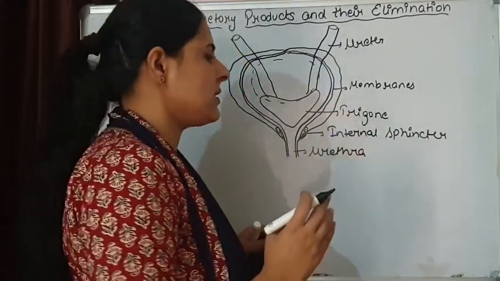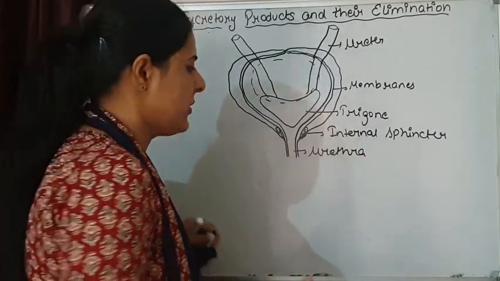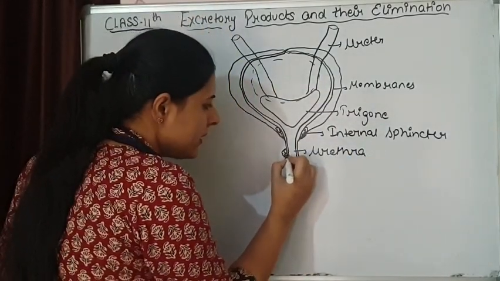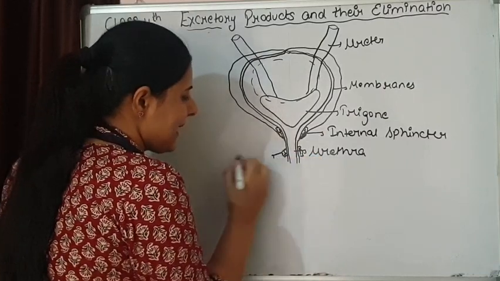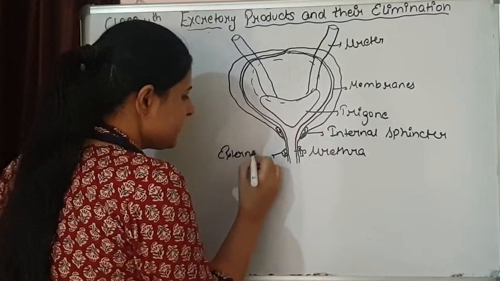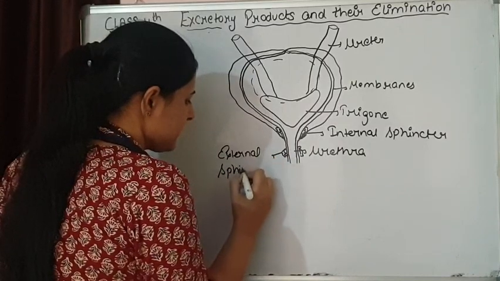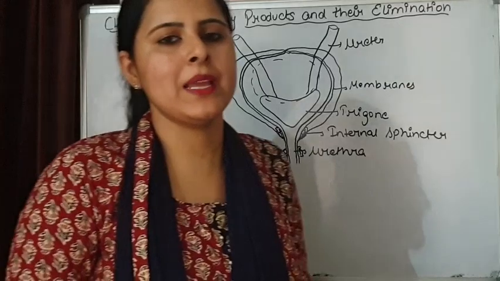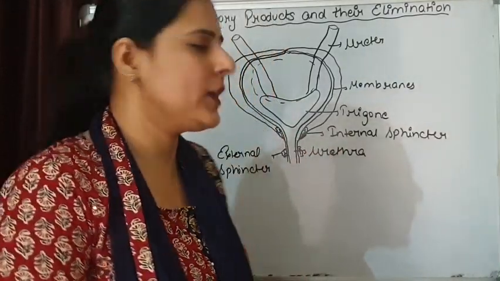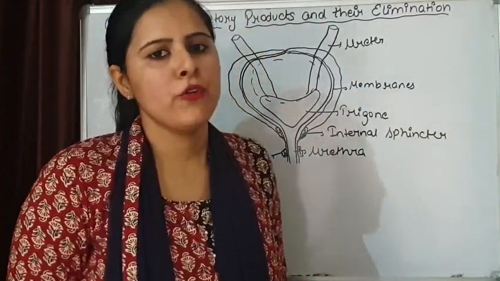That means it is involuntary in function. Over here, again a sphincter is formed, that is external sphincter. And this external sphincter will be formed by the striated muscles and it will be voluntary in its function.